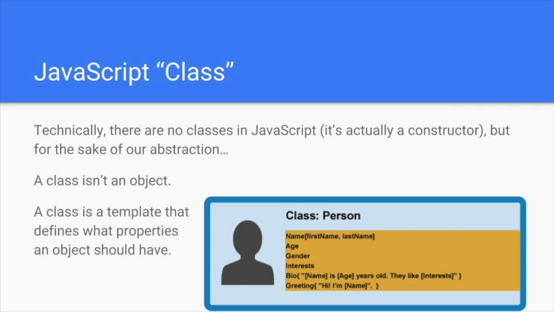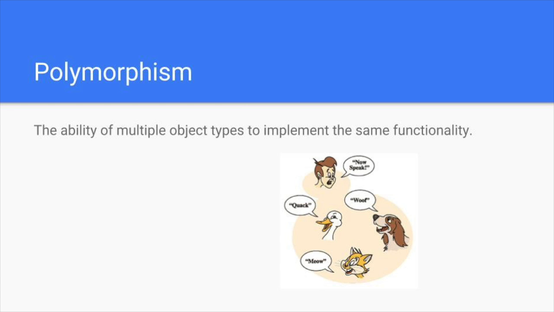From our person class, we are able to create actual people. We call this process instantiation. A side note here, instantiation is enabled through something called a constructor function. We could say we call or run a class's constructor function to instantiate an object instance. This leads us to polymorphism, the ability of multiple object types to implement the same functionality.